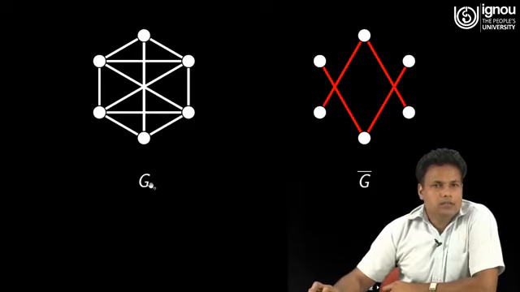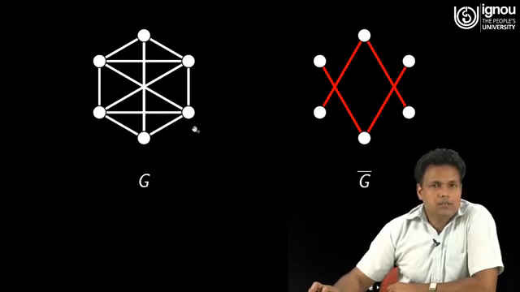Look at this graph G. It has 6 vertices, and you can see that its complement is this one, because of the edges which are missing here. For instance, look at this pair, there is no edge here, and hence that edge is present in G bar. Similarly, there is no edge between these two vertices, and hence there is an edge here.